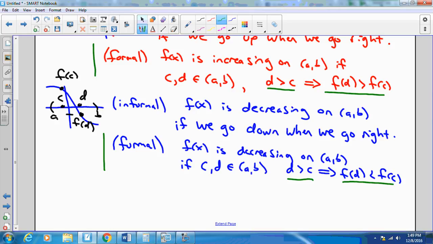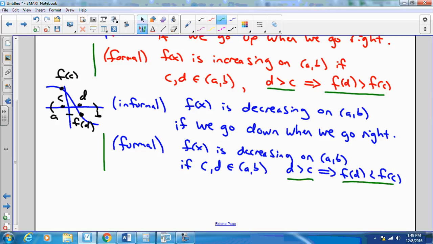So in other words, it may be the case that on an interval a to b, you might be neither increasing nor decreasing if you go up sometimes and down some other times. So it is not always the case that functions are always increasing or decreasing on a given interval. Great questions.